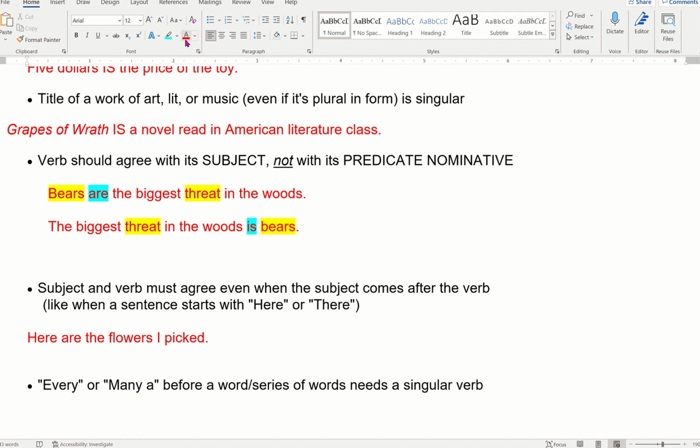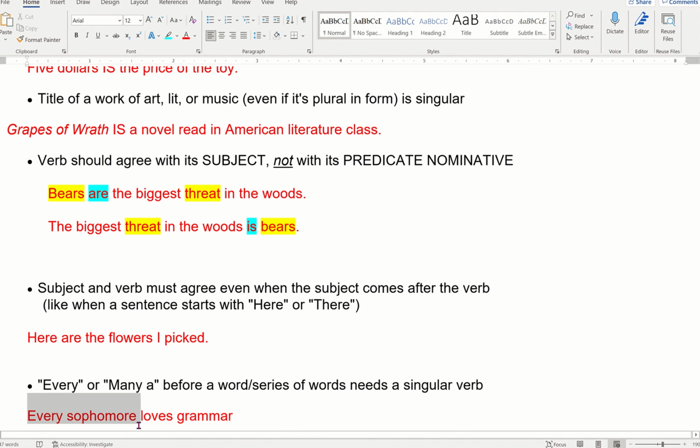And lastly, sentences that use every or many are going to be like sentences that have the indefinite pronoun everyone or everything or someone or something. They kind of sound like they're referring to a big group. But they actually are singular grammatically. So like every sophomore loves grammar.